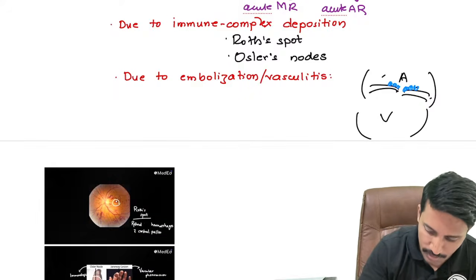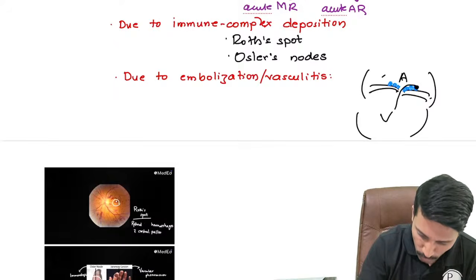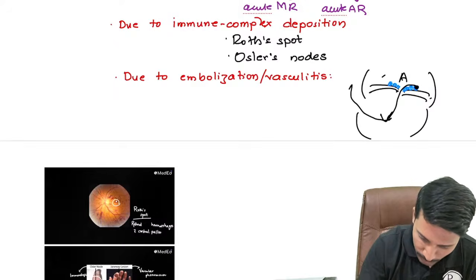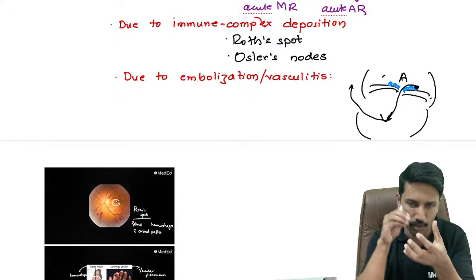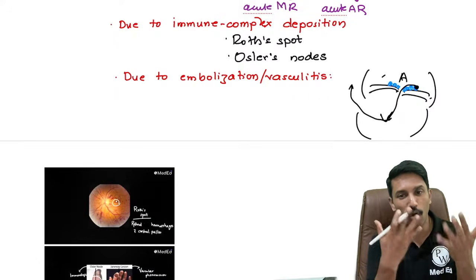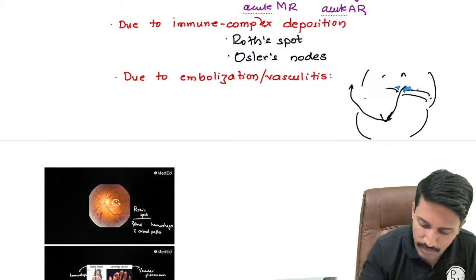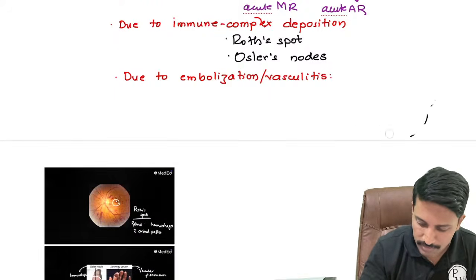These vegetations contain what? Clot and bacterial colonies. From there, they can get dislodged, come into the blood, get embolized, go somewhere, get lodged into some other blood vessel, and then start causing problems in that blood vessel, right? So because of embolization or vasculitis also, we can get some manifestations.